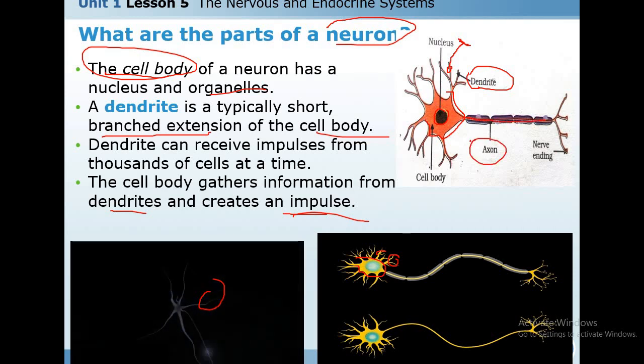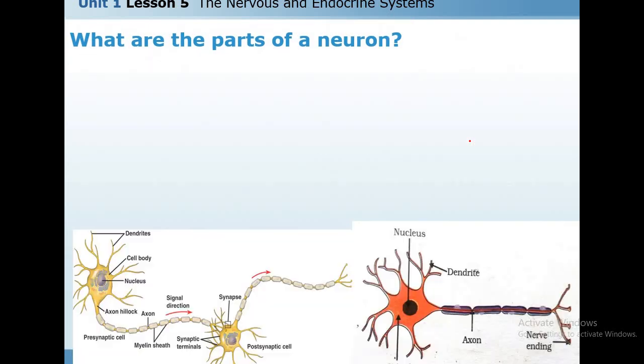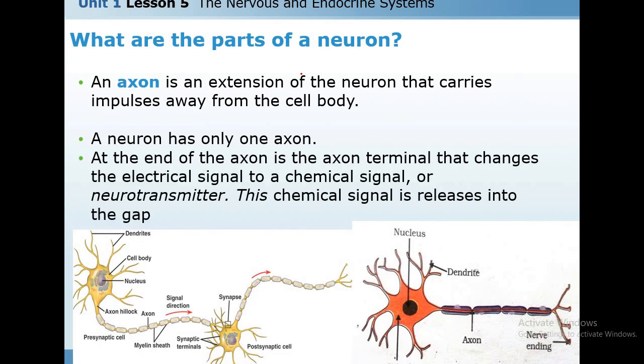This is called the axon. The axon is an extension of the neuron that carries impulses away from the cell body. So the impulse moves from the cell body and then through the axon.